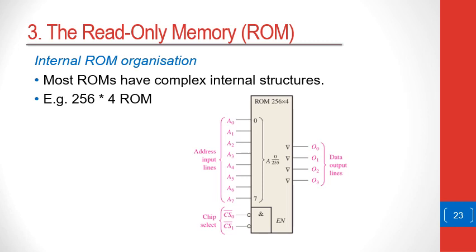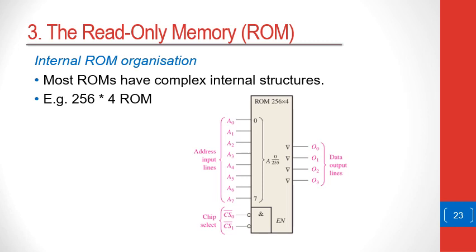Looking at an example of a 256 by 4 ROM, there are 8 bits of address addressing 256 locations, each with 4 bits, which means the data output of this particular ROM is going to be expected to have 4 bits, and the control bus is simply 2 chip select lines.